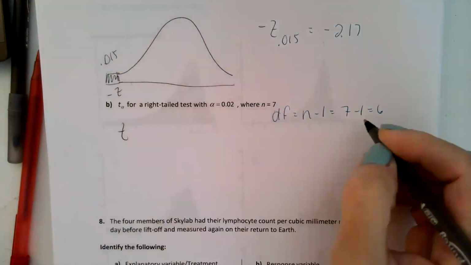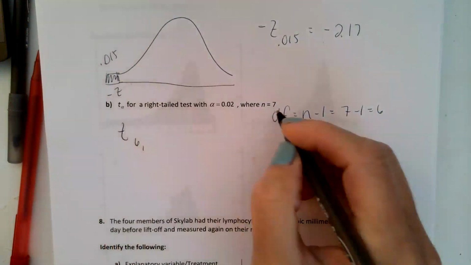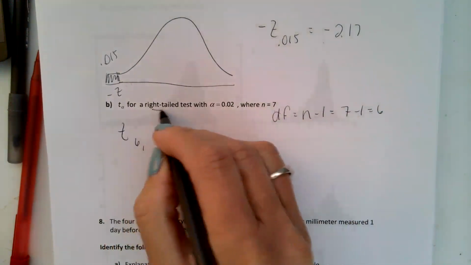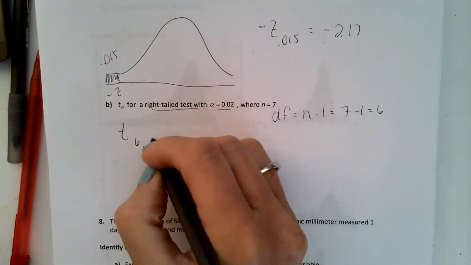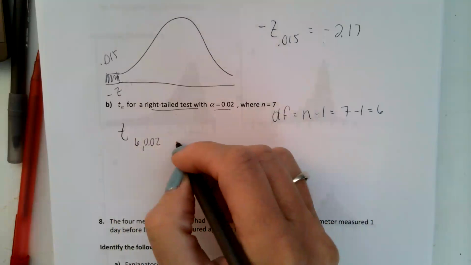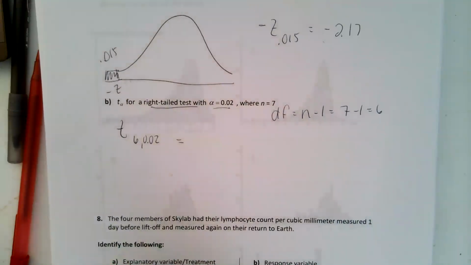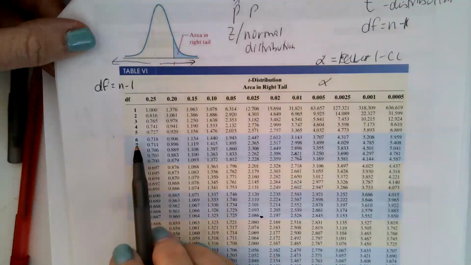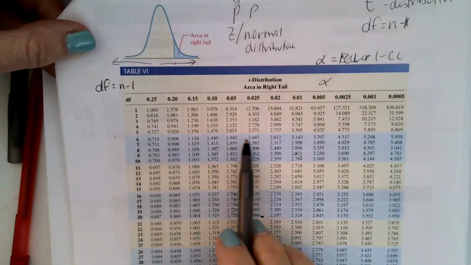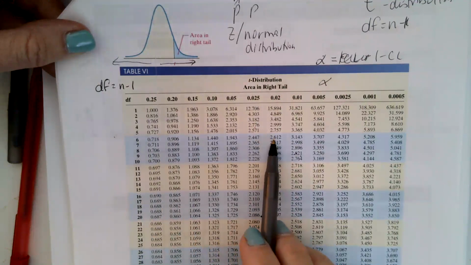So we want to find degrees of freedom is 6, and alpha is, it's a right tail test, so we're using alpha. We don't have to divide by 2 at 0.02. And that is in our table, which is really cool because 0.02 is in our table. We can go to degrees of freedom of 6 and over to 0.02. And the answer is 2.612.